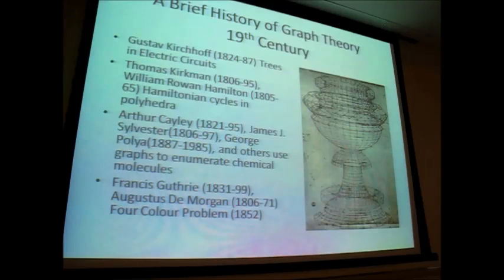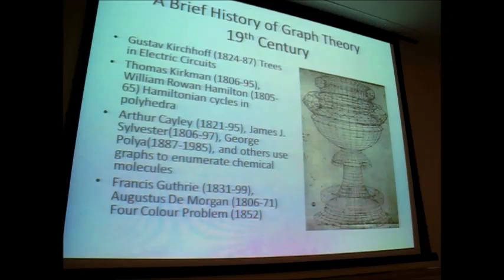Then in the 19th century a number of things happened: Kirchhoff with electric circuits, Hamilton with Hamiltonian cycles, and Cayley and several others looking at chemical molecules in terms of graphs.